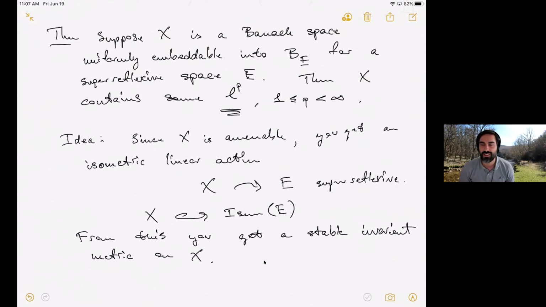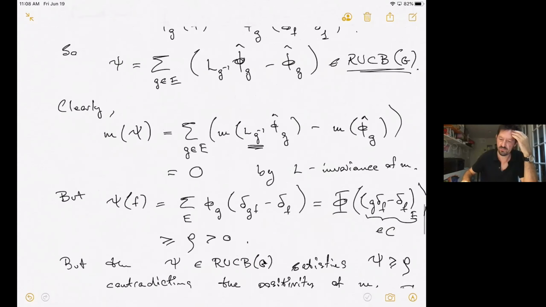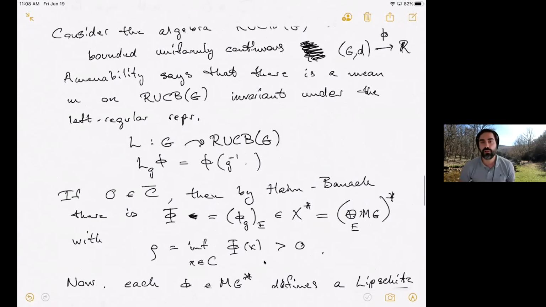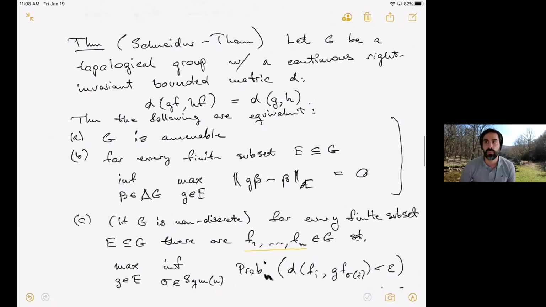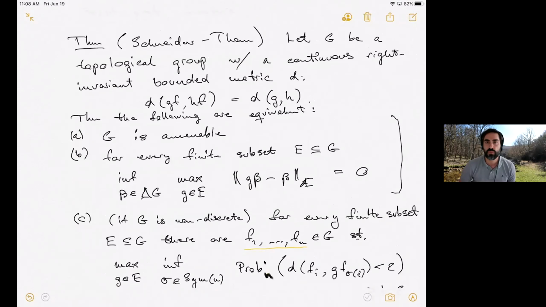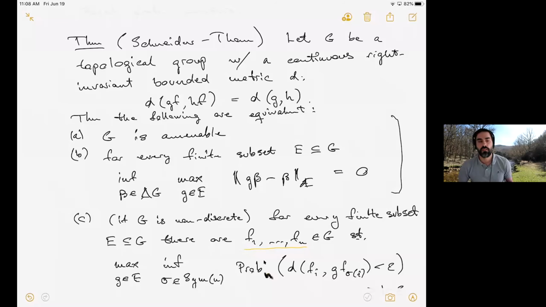I was wondering, coming back to this Schneider-Thom theorem, whether an analog of this can be stated for sofic or hyperlinear notions. That's a good question. I haven't thought of that.